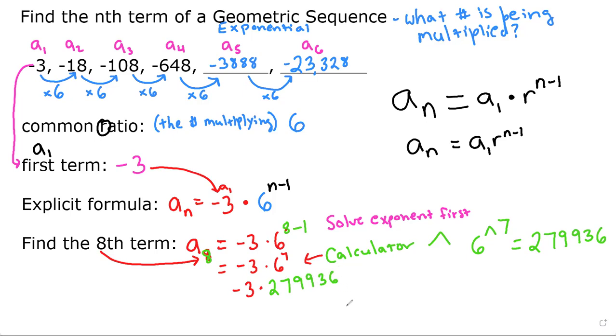So you multiply that by -3, and we get our final answer, which is going to be -839,808. And it's good because the answer has to be negative because they're all negative. And so is the 8th term. And we are done.